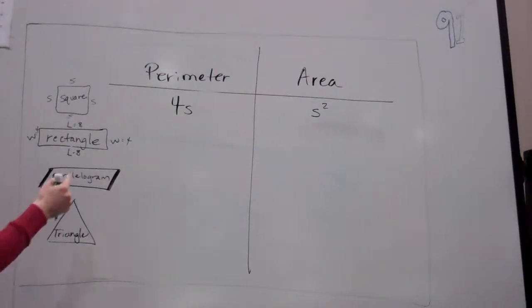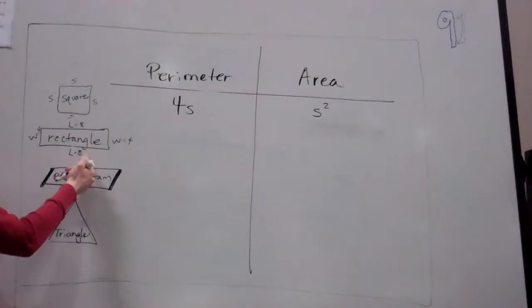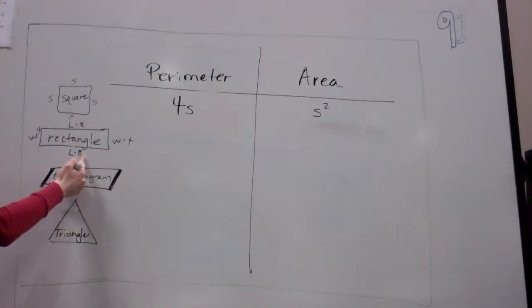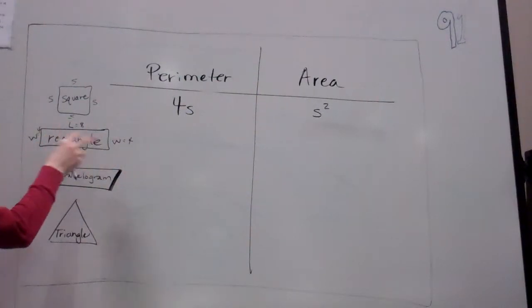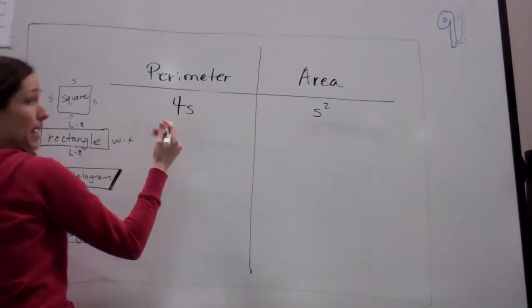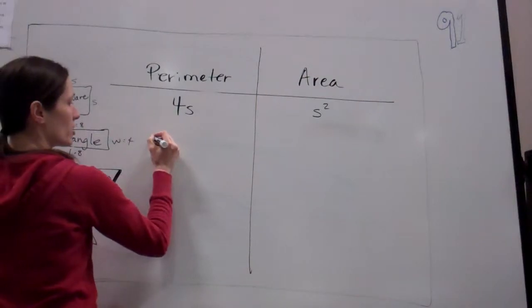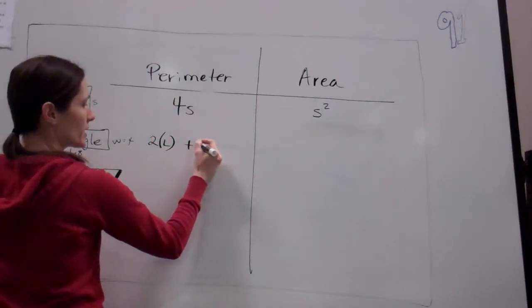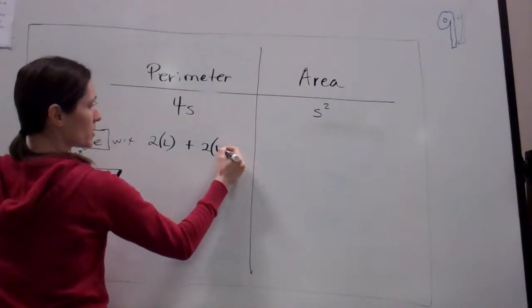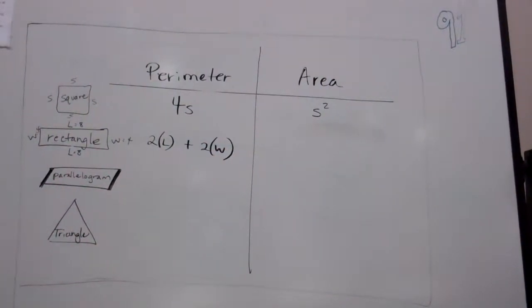I would go 8 plus 8, or 8 times 2, same thing. And then 4 plus 4, or 4 times 2, because there's 2 of them. So the best way I can write this out is 2 times L plus 2 times W. Does that make sense?